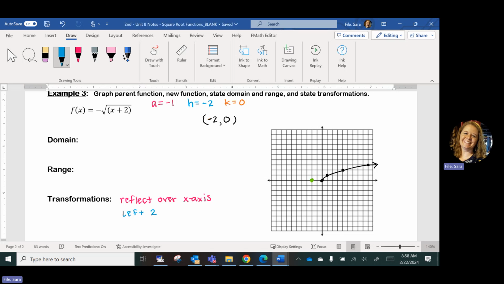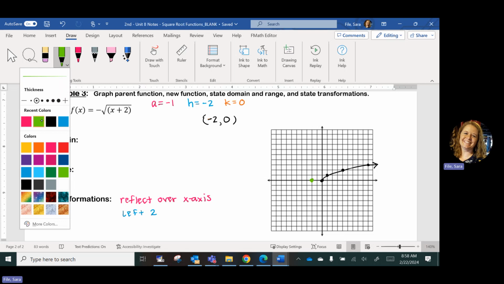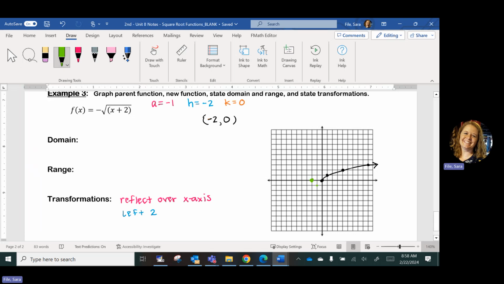So I can see that the vertex has been shifted left 2 from that original origin point. But it's on the x-axis, so there's no reflection over it. This next point, if I go left 2 and reflect over the x-axis, I'm going to be below the x-axis now.